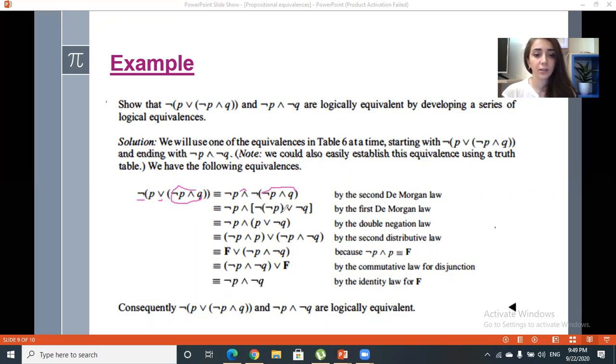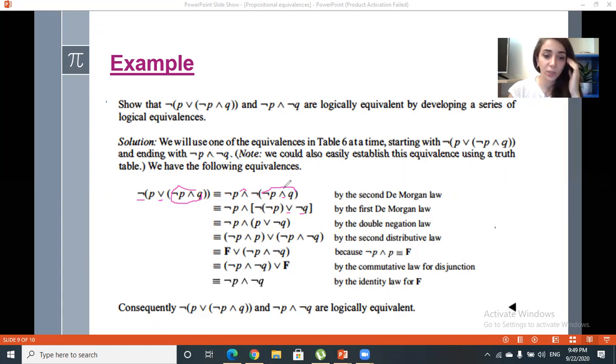Okay, here is the first De Morgan law. ¬P, we open the brace here, the double negation of P, the conjunction will change and be a disjunction, Q changes and becomes ¬Q.